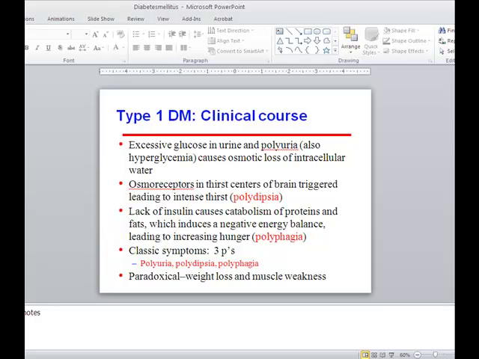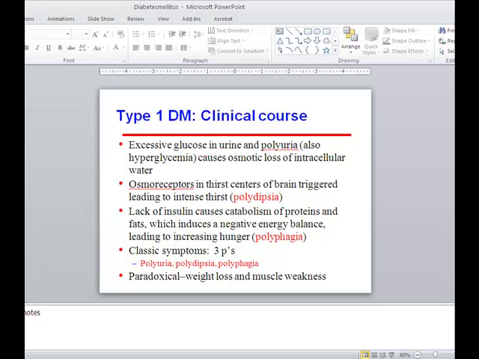And once you lose a lot of water, the osmoreceptors in your hypothalamus are detecting osmolarity.